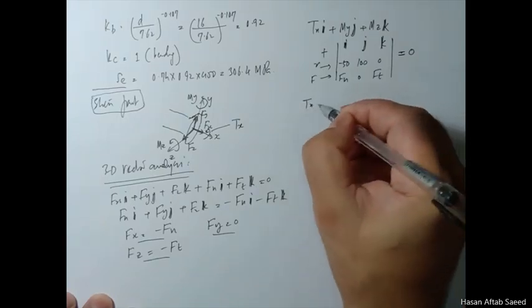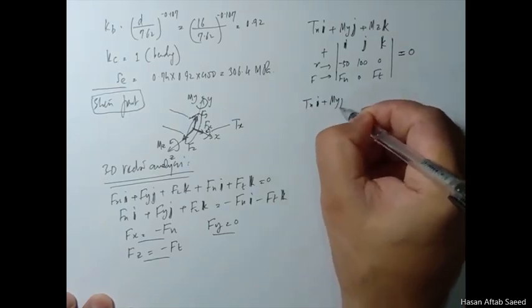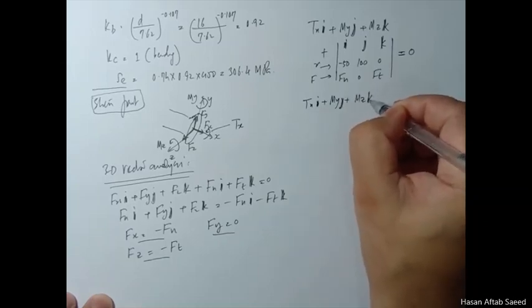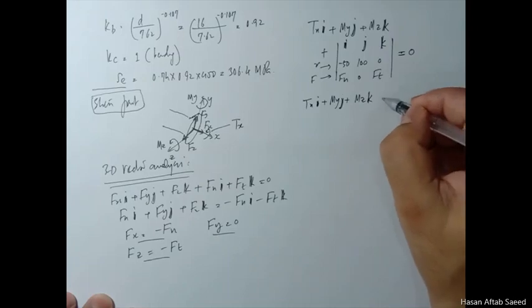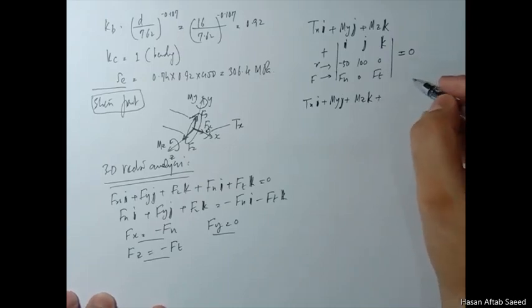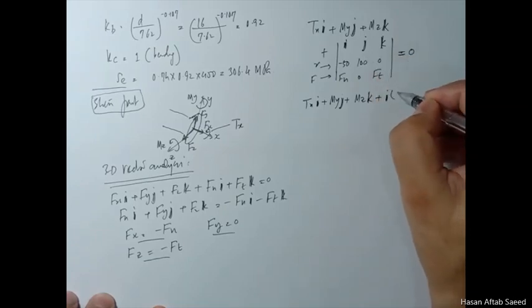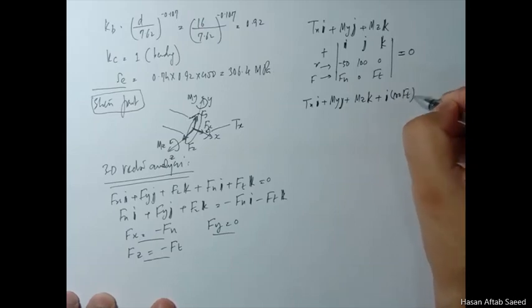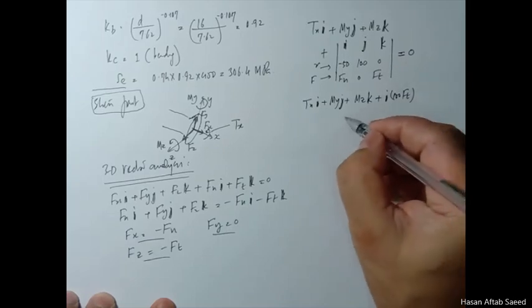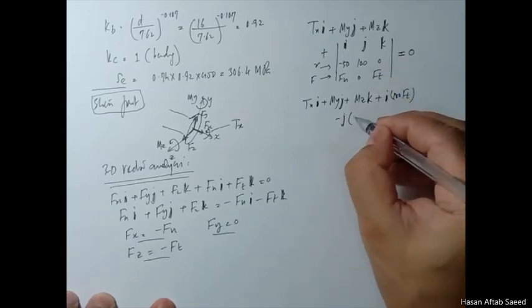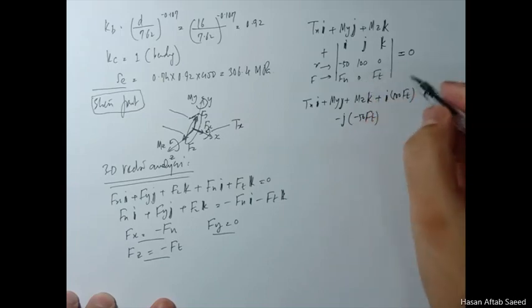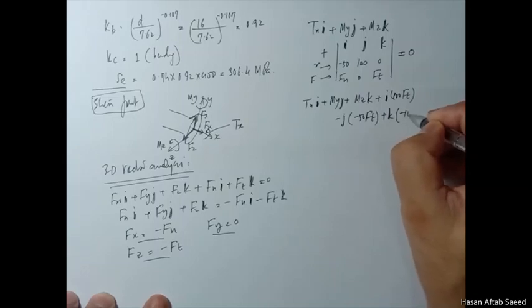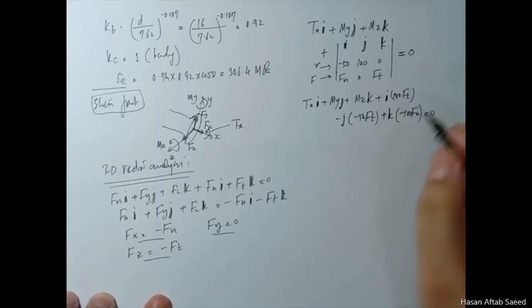So rewriting Tx i plus My j plus Mz k plus the cross product terms: Ft minus 0, minus j, minus 50 Ft minus 0, plus k, minus 100 Fn is equal to 0.